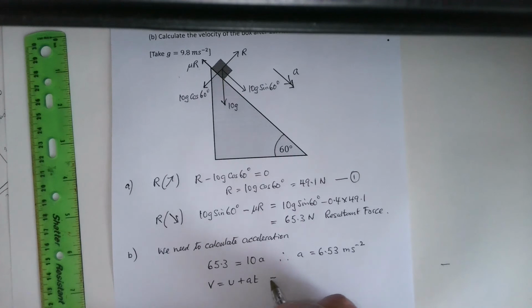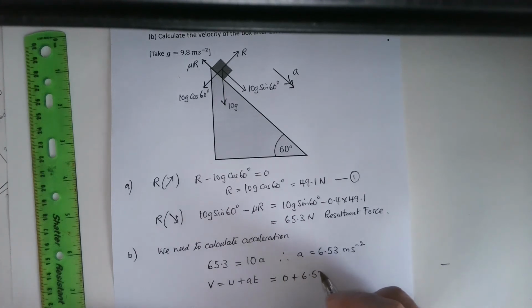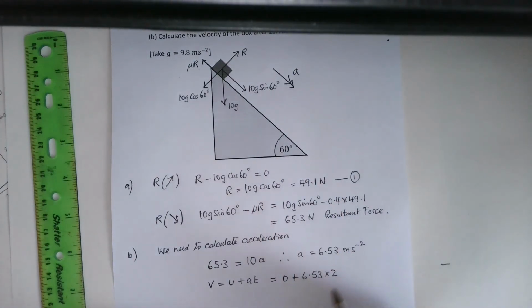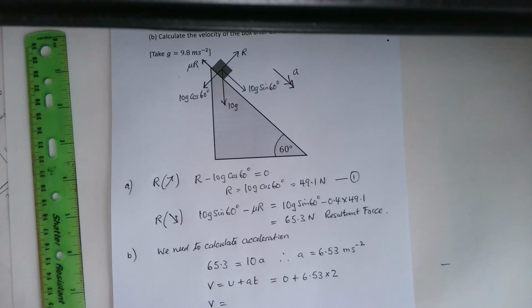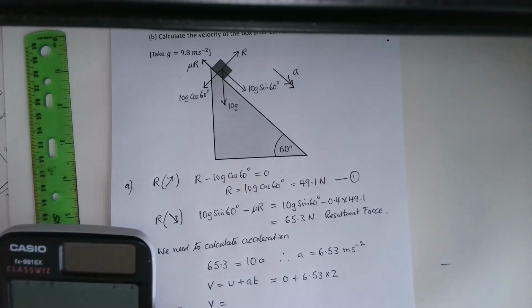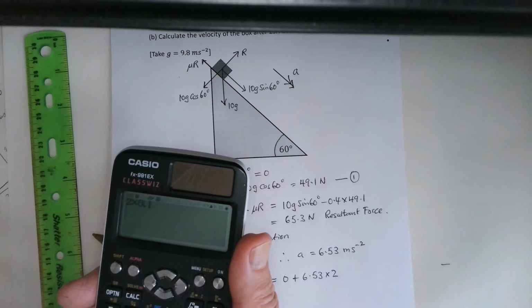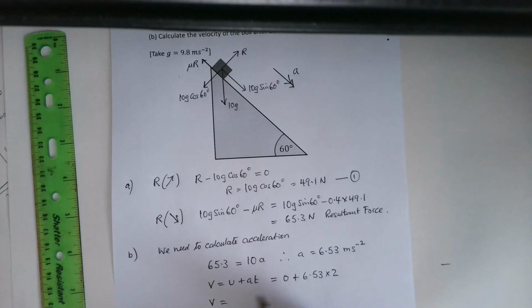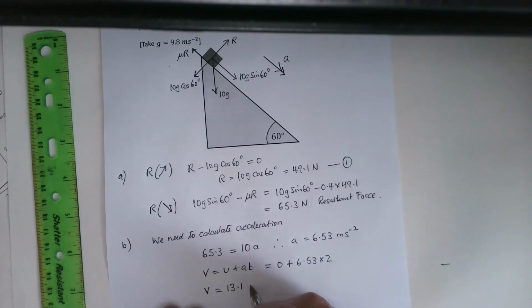So this is going to become v equals 0 plus the acceleration 6.53 times the time, which we're told is 2 seconds. So the velocity after 2 seconds is going to be 2 times 6.53, 13.06, or 13.1 meters per second to 3 significant figures.